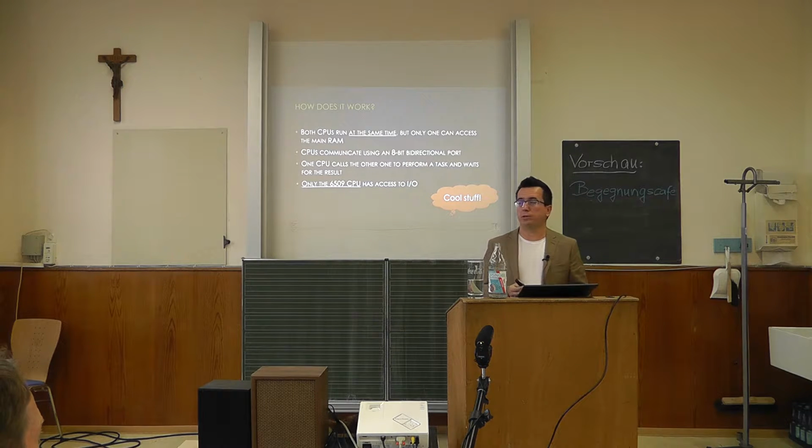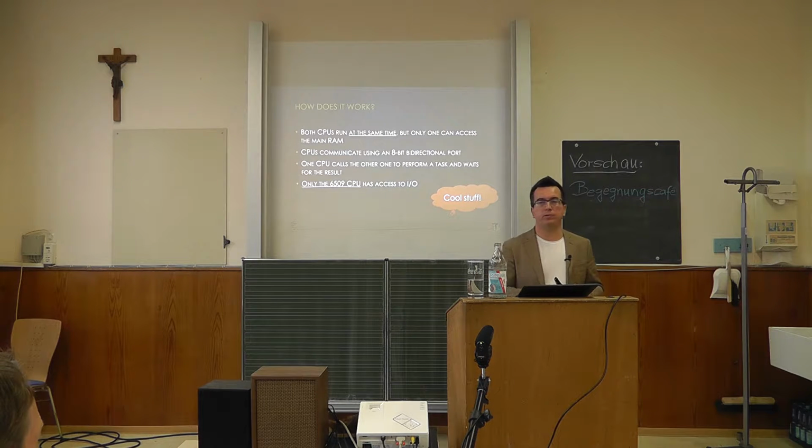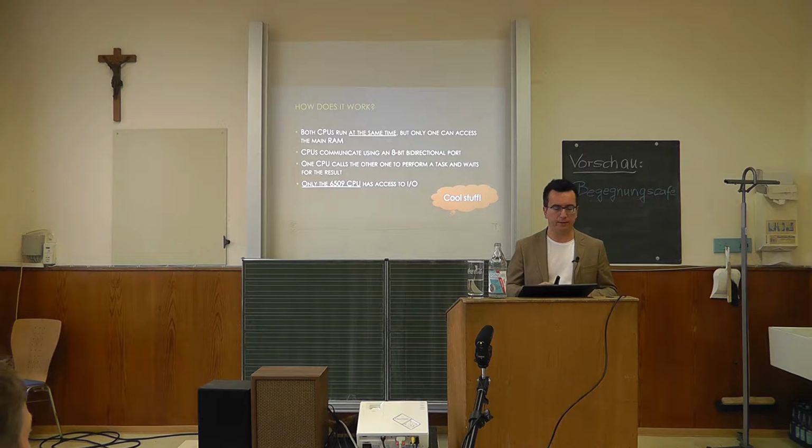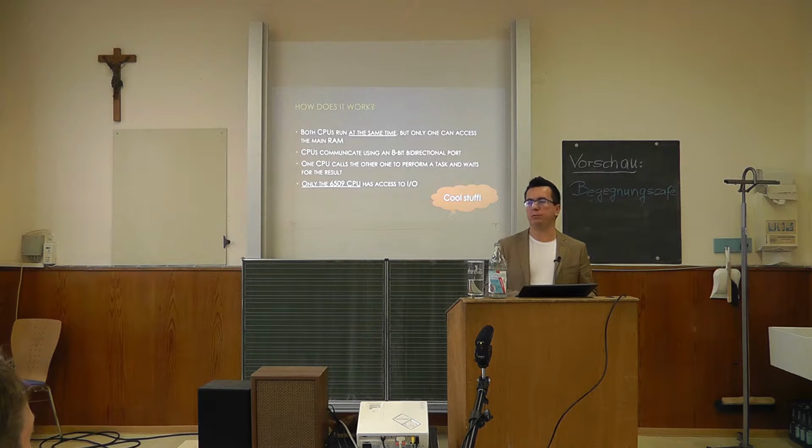And how does it work? It's a very interesting architecture because you have two different processors from two different families running in the computer at the same time. And the only constraints are that only one CPU can access the main RAM, and only the 6502 processor has access to the I/O chips. But otherwise, you can do whatever you want with those two processors.